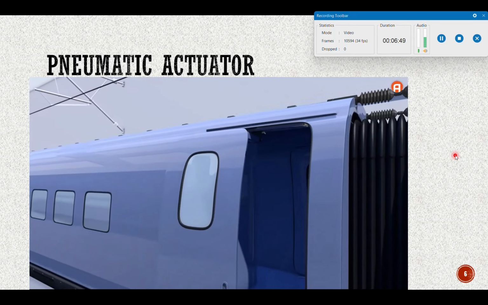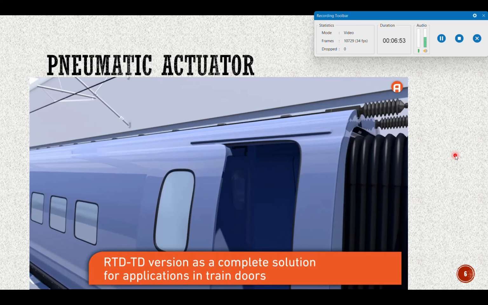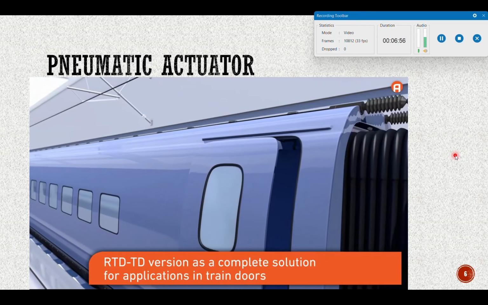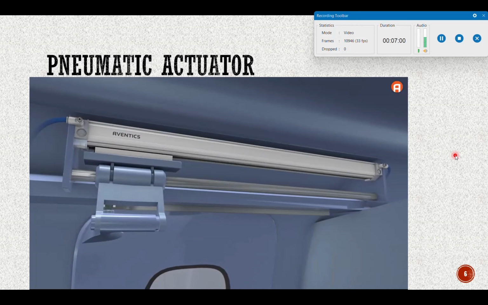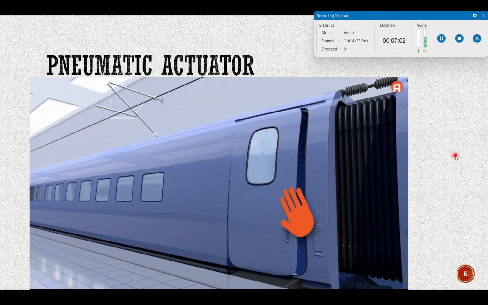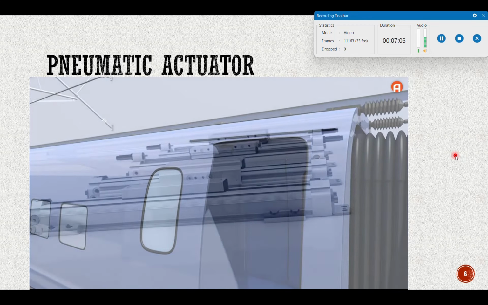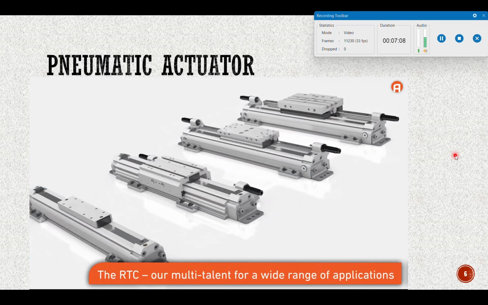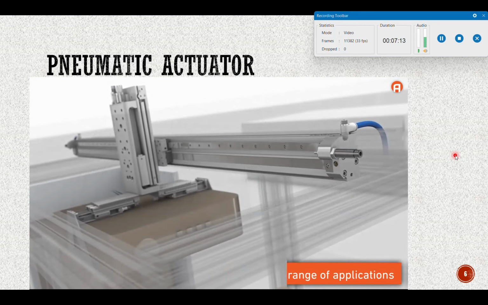With the RTC TD, a cylinder that was specifically developed for train door applications, Aventix offers an innovative, inexpensive, all-round solution that is quick to install and maintenance-free. Smooth manual door opening is possible across the entire door width. The RTC, our multi-talent for a wide range of applications.